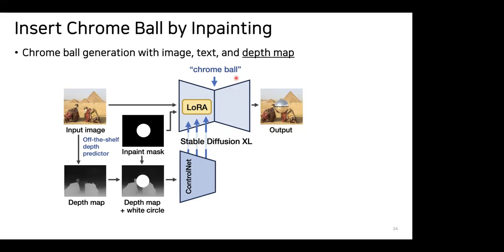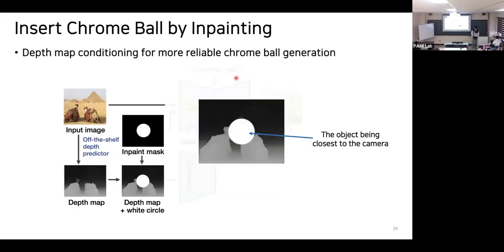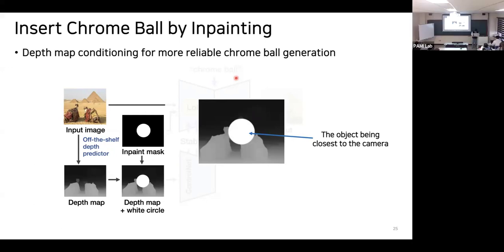I have a question on this page as well. Here you have the inpainting mask and you have the depth map and the white circle. But the controller gets this depth map with the mask together as a single image, right? Then maybe the mask, the white circle, can be interpreted as part of the depth map, right? Can you repeat the last sentence? I mean, here, the mask and the depth map are combined. Yeah, right.